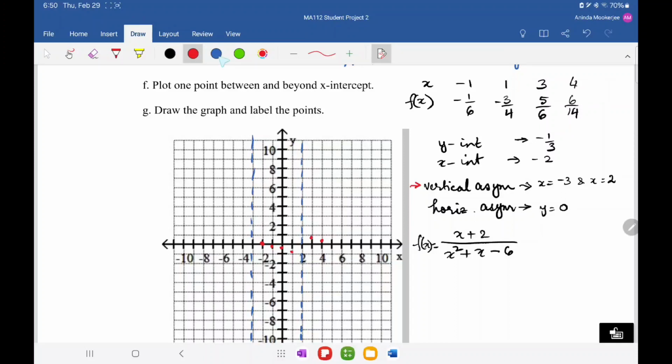But overall, this is how the graph is going to look. So let me complete this exercise here. It's going to go down along the vertical asymptote on the right hand side, and on the left hand side it's going to rise up along the vertical asymptote of x equals -3 all the way up to infinity, and the other two parts of the graph are going to go like this, connect the points, and it's going to head closer and closer to the x-axis but won't quite touch it.